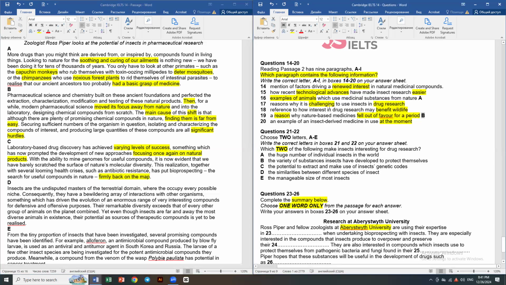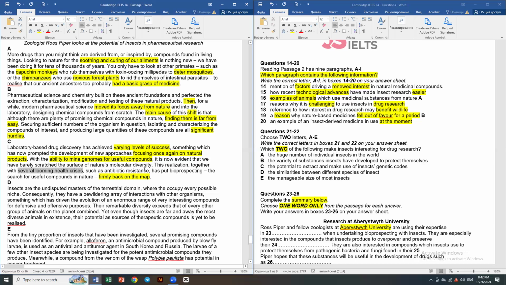That's it. There are two things that are mentioned. Factors driving renewed interest in natural medicinal compounds. What are the factors? Factor number one is the ability to mine genomes for useful compounds, and another one is several looming health crises, such as antibiotic resistance, which has put bioprospecting, the search for useful compounds in nature.